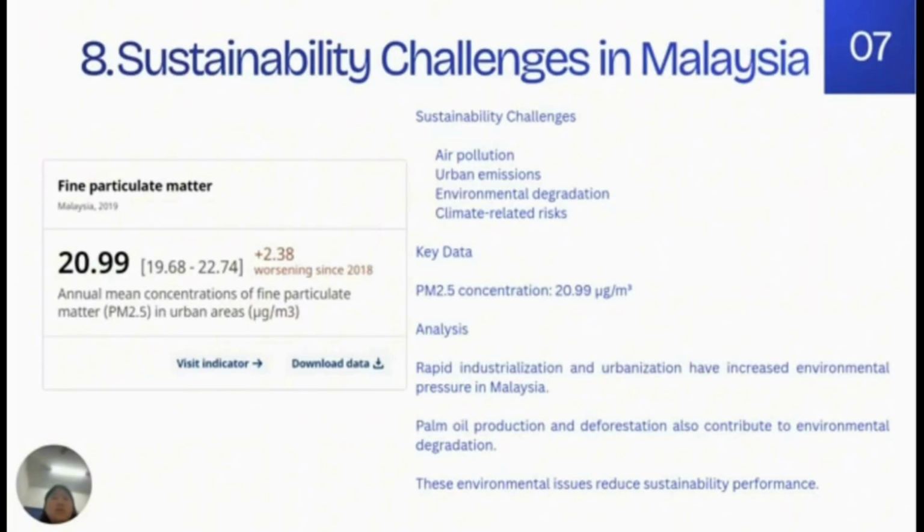This demonstrates the trade-off between economic growth and sustainability. If environmental issues are not controlled, they may negatively affect public health and future development. Therefore, sustainability policies are essential for long-term welfare.